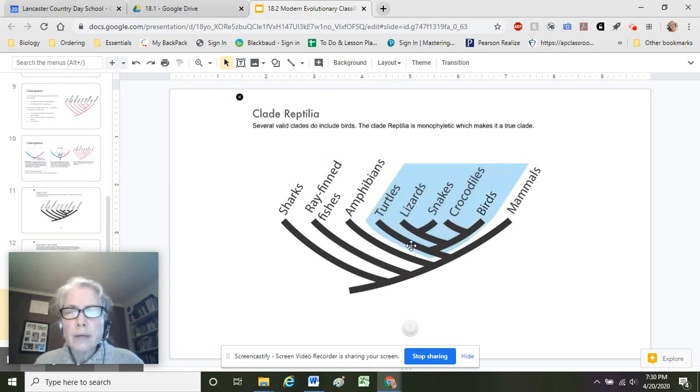This group, if we had a name for it, which we do, would be a better named group because it would be monophyletic. Now I'm going to go one deeper node here. We have the same problem here because this ancestor has 2 sets of descendants.